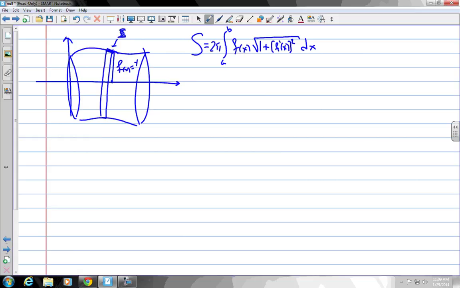But again, this right here is ds. So I can think of the same formula as 2 pi, integral from a to b, f of x, that's my y, and ds. This is a weird way of looking at that formula. It's still set up as a dx integral, but the arc length is irrelevant of how we compute it.